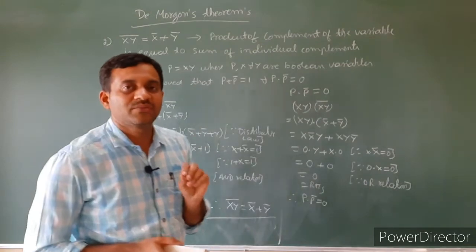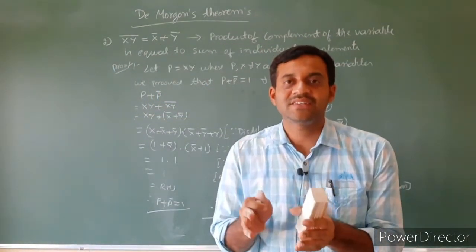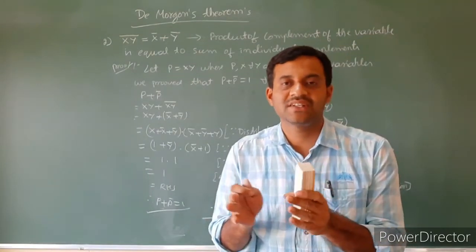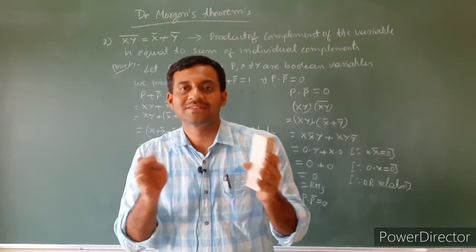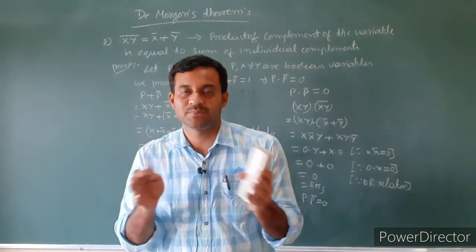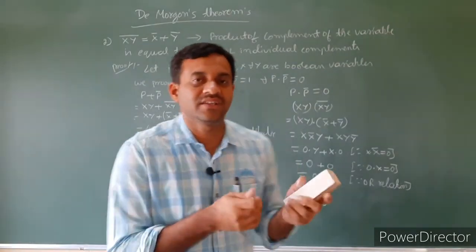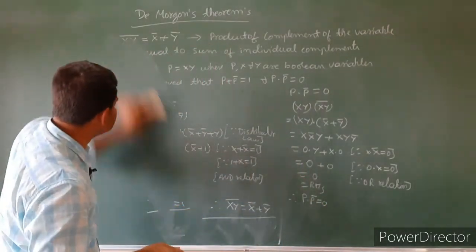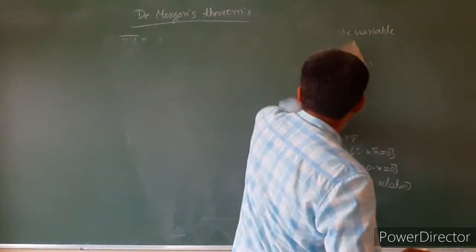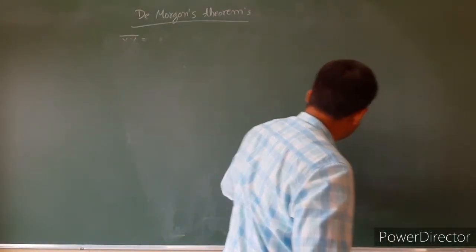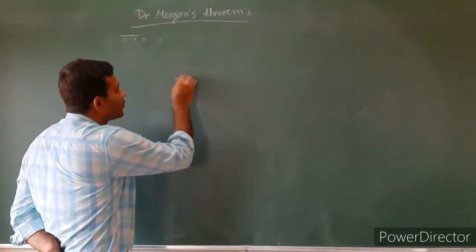What is the simplification of De Morgan's theorem? If the over bar is split, then automatically the operation between the variables is changed. See here, the first one is x plus y whole bar.